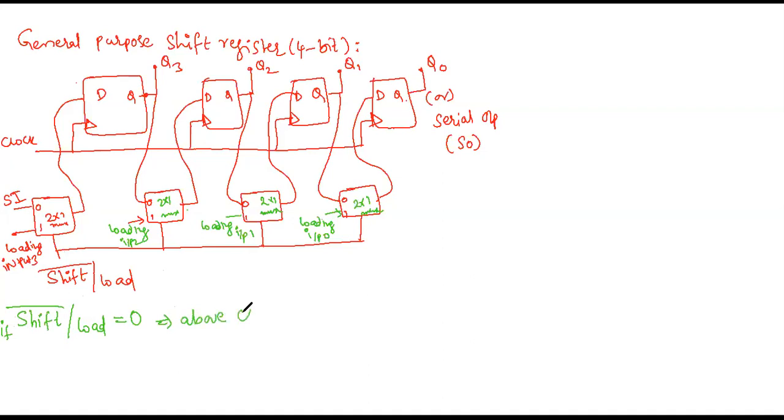If the shift bar by load is equal to 1, above circuit loads the input values to the output.